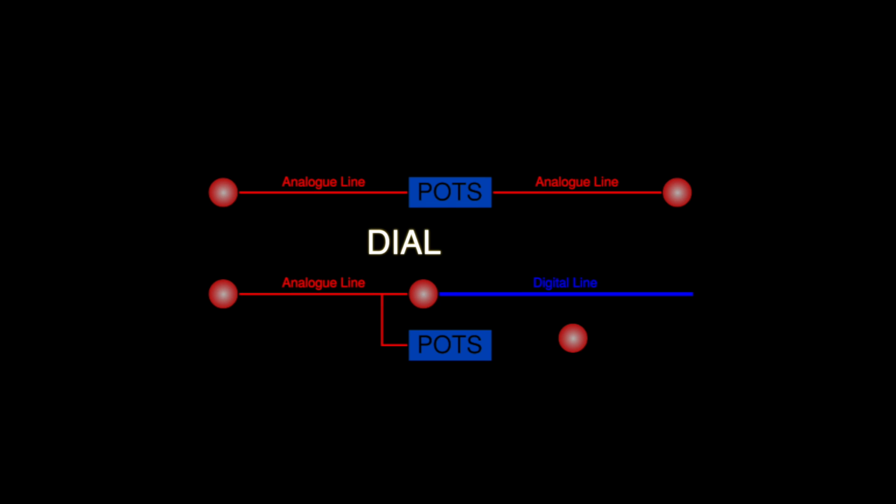Dial-up Internet access is a form of Internet access that uses the facility of the public switched telephone network to establish a connection to an Internet service provider by dialing a telephone number on a conventional telephone line.